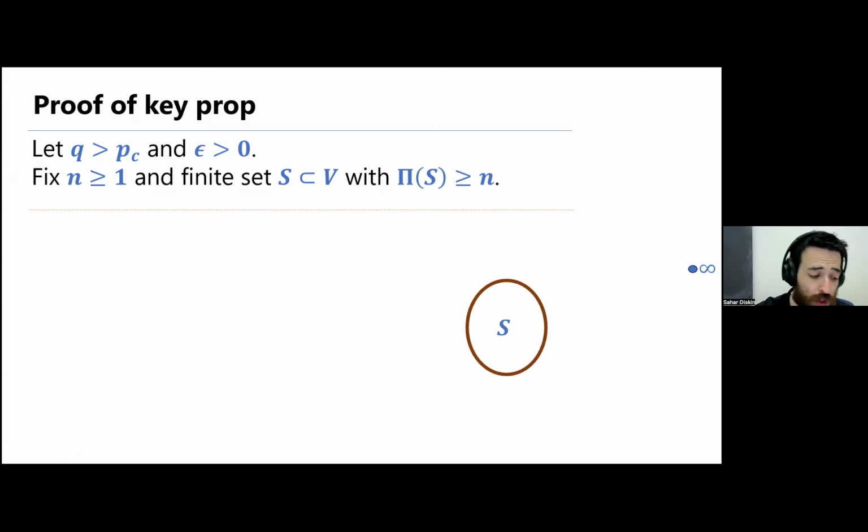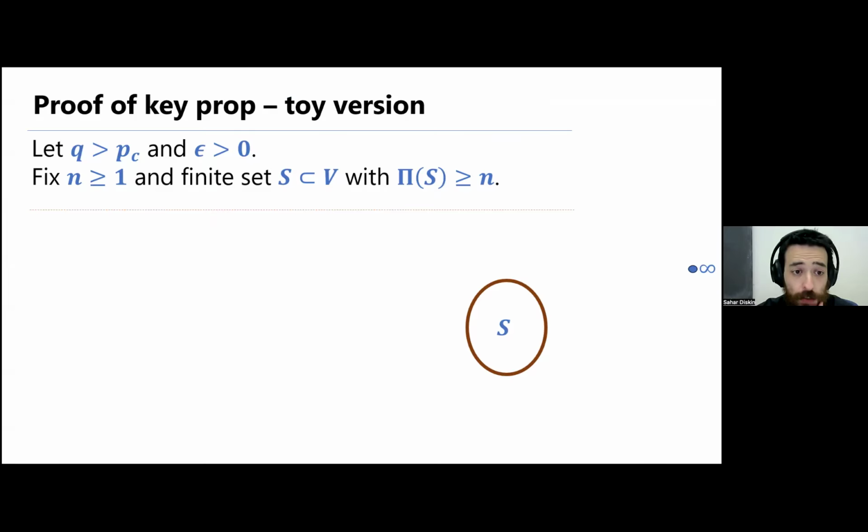Okay, so let's try to prove this. We want to keep getting more and more touches and show that we can get order n touches with not too small probability. So let's start with some toy version.